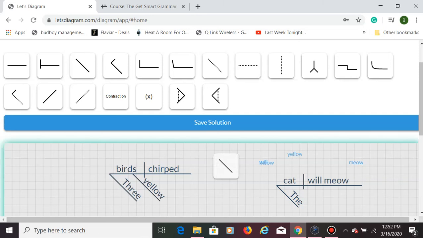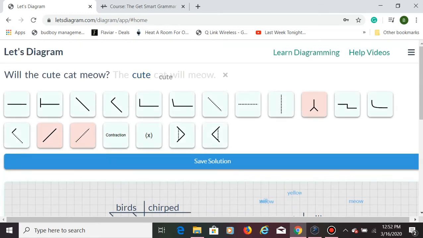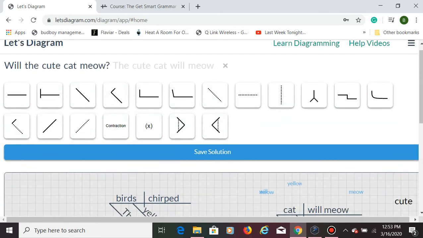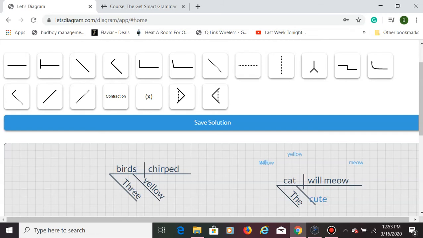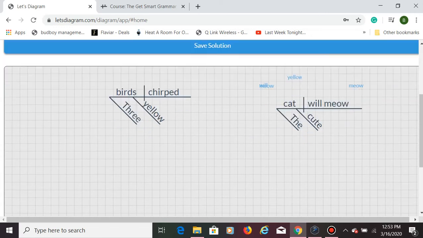We want another adjective line, and cute is going to go right there on our adjective line. Okay? So, the cute cat will meow. Okay? Good.